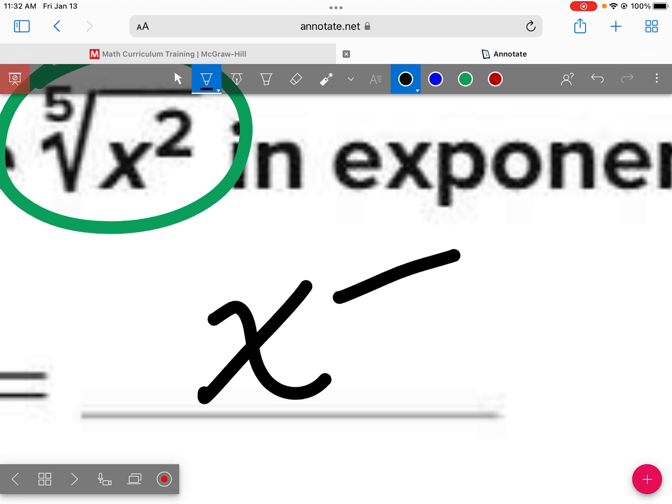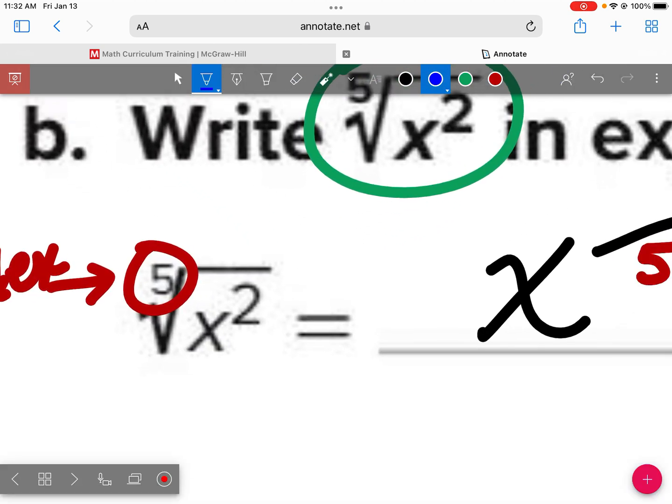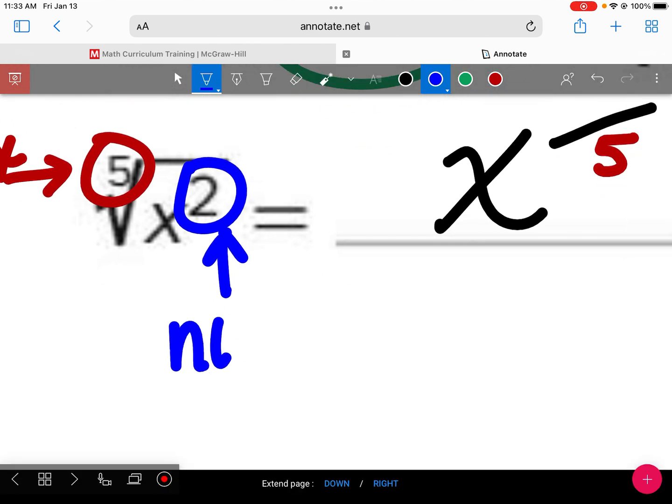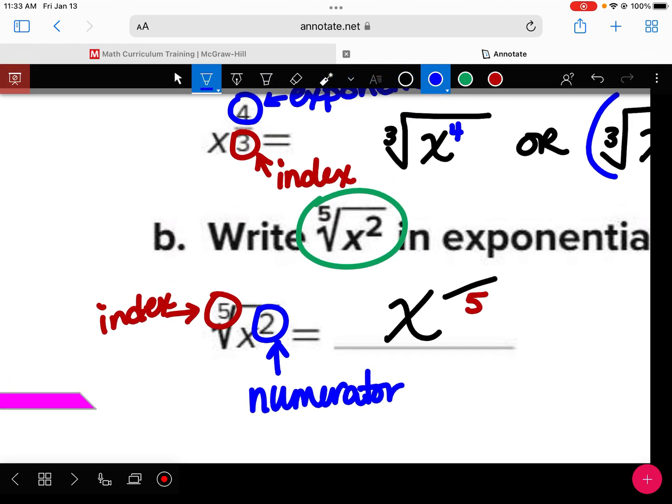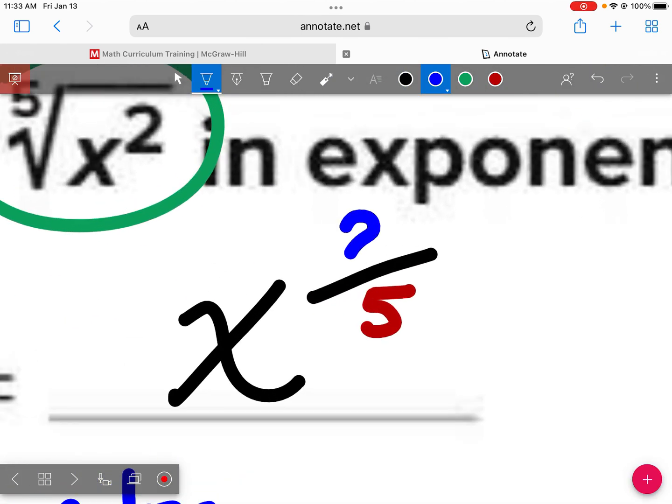It's going to be my denominator. So what do I do with the squared? Put this in the numerator. So there it is in exponential form.